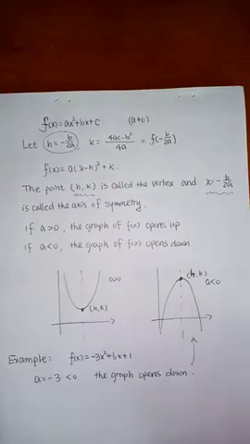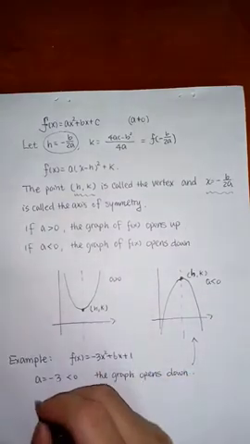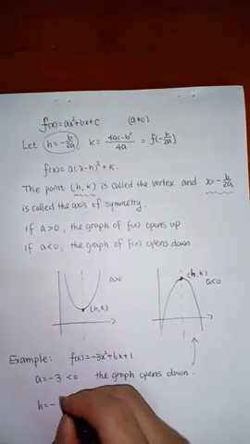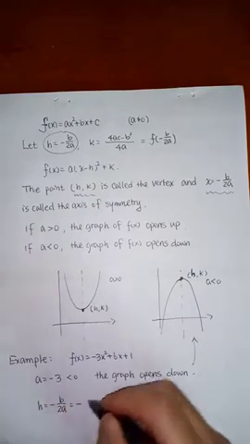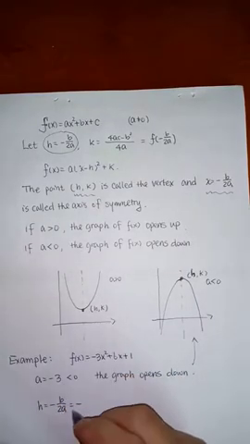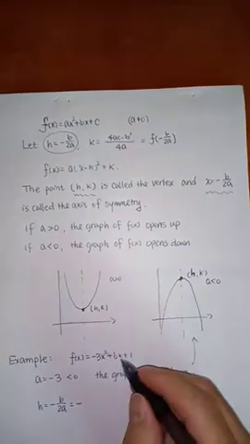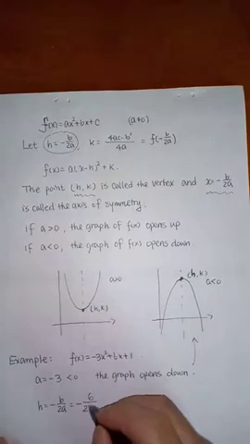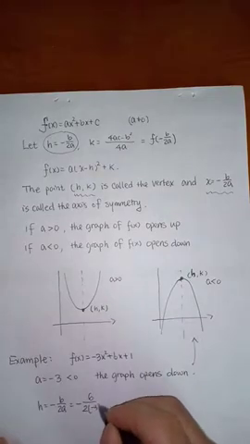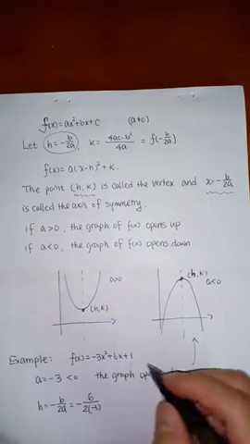And then you can find the h, negative b over 2a. Negative sign is part of the formula, so you always copy the negative sign. What is b? b is 6. 2 is 2. a is negative 3. a, b, c contains the sign.